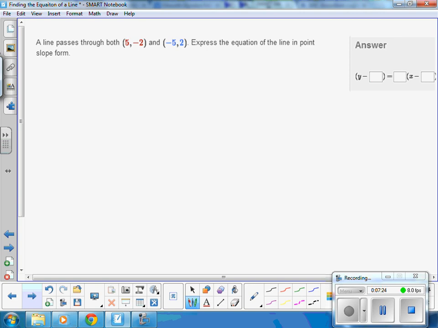Two points. First thing I need to do is figure out the slope. So y minus y, negative 2 minus 2 over x minus x, 5 minus a negative 5. A negative 2 minus 2 is a negative 4, and 5 minus a negative 5, that's 5 plus 5 is 10. 2 goes into both, negative 2/5.